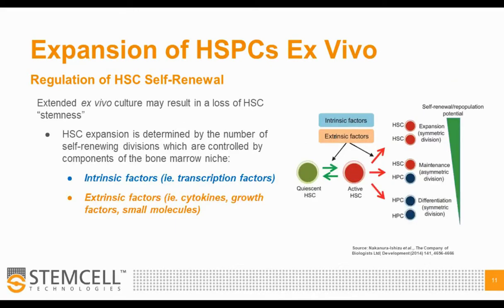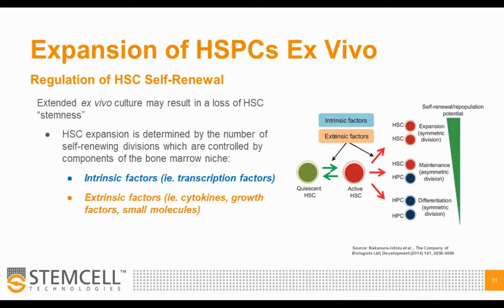In fact, one thing that is a certainty, that we've realized, when it comes to trying to expand hematopoietic stem and progenitor cells ex vivo is being aware of the regulation of hematopoietic stem cell self-renewal. So whenever you put these really rare hematopoietic CD34 positive cells ex vivo in culture, the certainty that we've realized over the last 40 years is those cells start to lose their stemness.